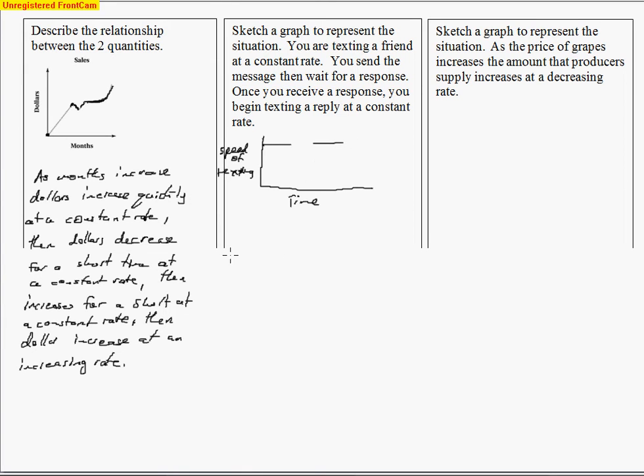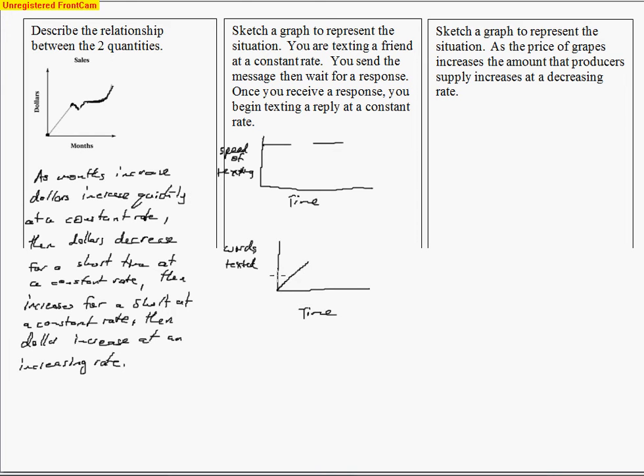Or if you said words typed or words texted, then it would look a little different. Rather than speed along the y-axis, it's just words texted in a response. So again, we would have time, and you would have no words at no time, and the line would look something like this.